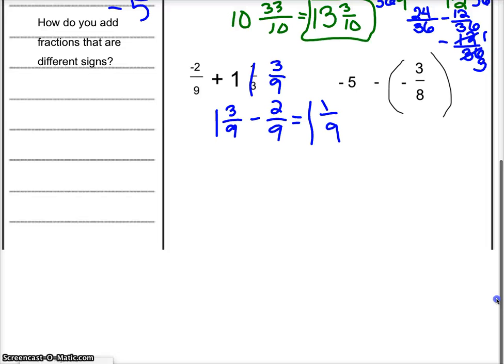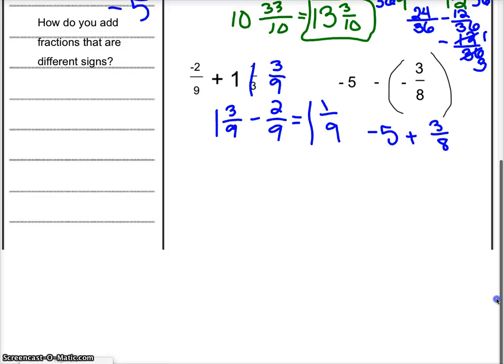Negative 5 minus a negative 3/8 is negative 5 plus 3/8. Did I say that wrong at first? Yeah, I did, didn't I? Whatever, I said something weird. Different signs. So what do I need to do? Subtract them.